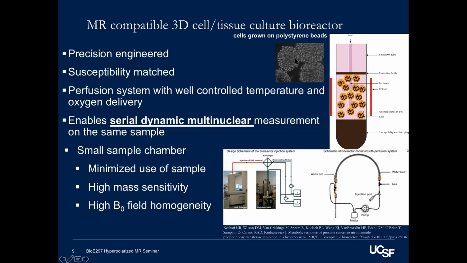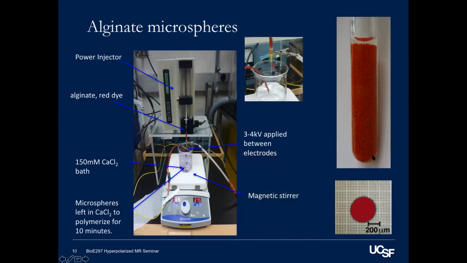The example shown here is cells grown on polystyrene beads, basically plastic beads, which are any size from 10 to 300 microns in diameter. The other setup that is routinely used in our lab is an electrostatic procedure of encapsulation of the cells into microbeads.